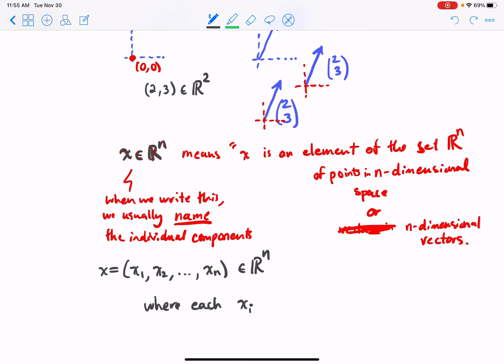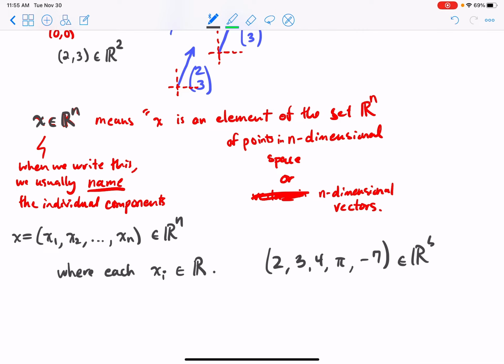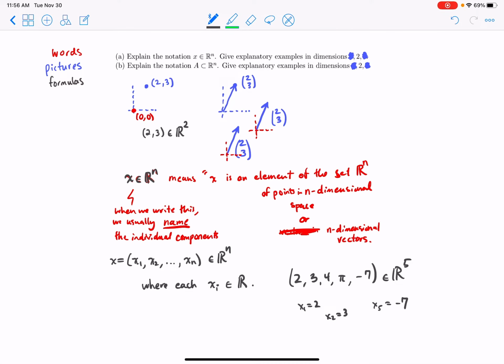Each of the x sub i is an element of R. That means it's a number, like 2, 3, or 2, 3, 4, pi, -7. This would be an element of R5, and x1 is 2, x2 is 3, x5 is -7. Okay. So good.